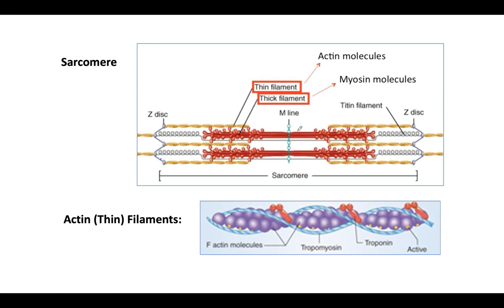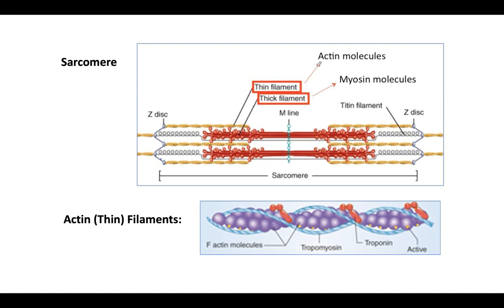And this red color indicates thick filament, myosin myofilament. Myosin myofilament does not attach to the Z disc. And here's some portion of overlap between thin filament and thick filament. So some interaction occurs between thin and thick filament.